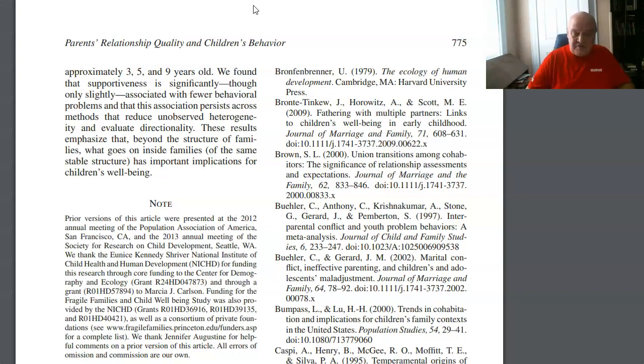Now, yes, they used the modal family in the United States, which is we assume a heterosexual dyad. But the researchers have constructed their research sufficiently rigorously that you could replicate their research. You could do the same thing with same-sex couples, and indeed people have, okay, or other types of families, right?